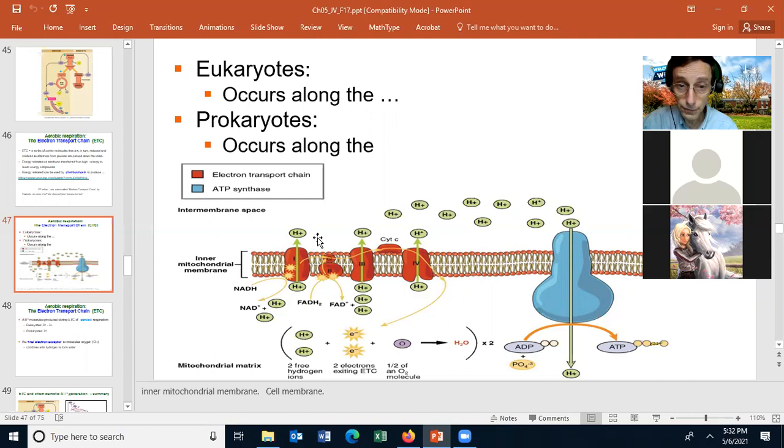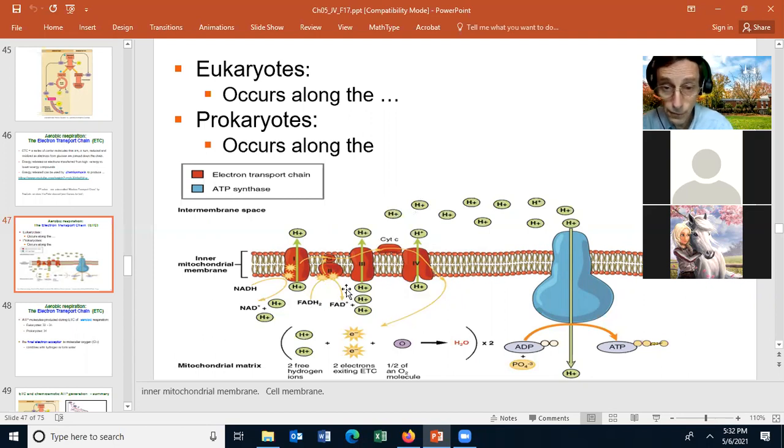That creates a twofold hydrogen gradient. There will be more hydrogen on this side of the membrane than on this side of the membrane. There will also be more positive charges on this side of the membrane than this side of the membrane.